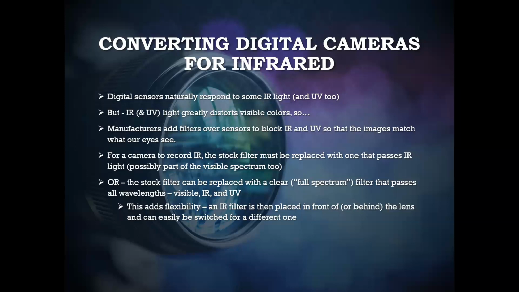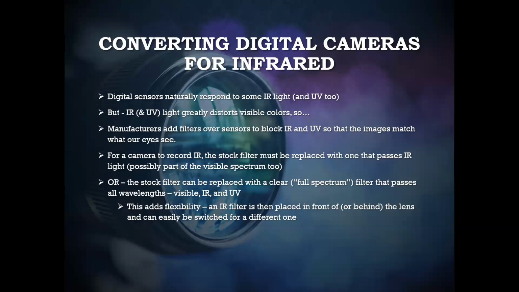You can put different filters on the lens to get different cutoff wavelengths. And as we touched on briefly, before the session started, you can even put a filter that mimics the original filter that was on your sensor, so that camera can still function as a visible light camera if you wanted to. It can be your backup body for your regular visible light camera, for example.